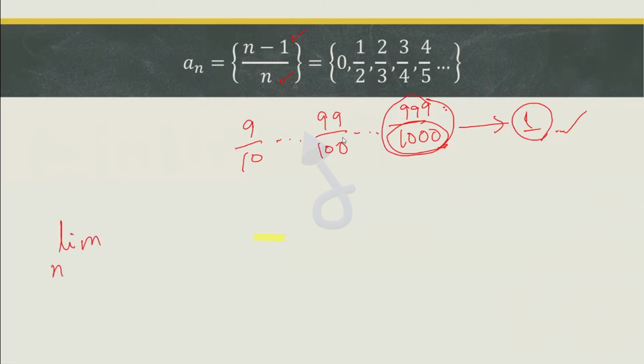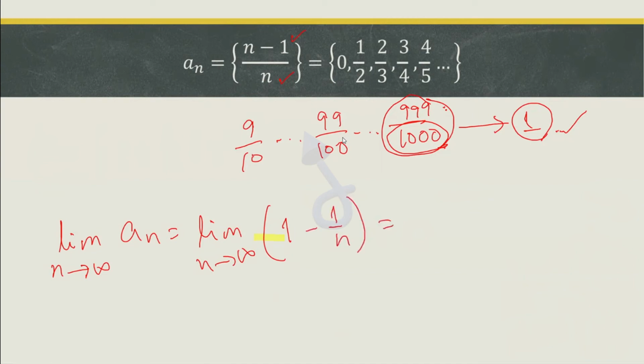So we write the limit as n approaches infinity of a sub n equals, we will do the division. And so the limit becomes 1 that equals the limit of the expression 1 minus 1 over n.